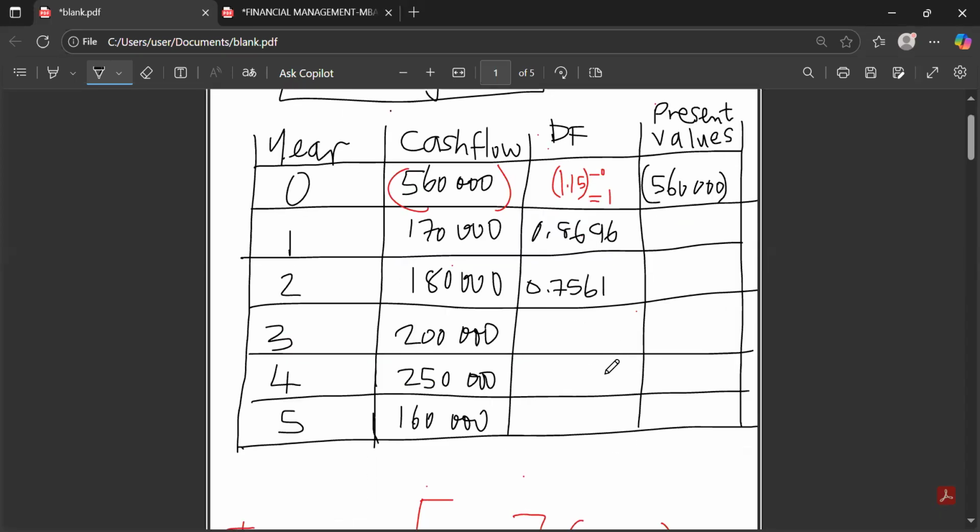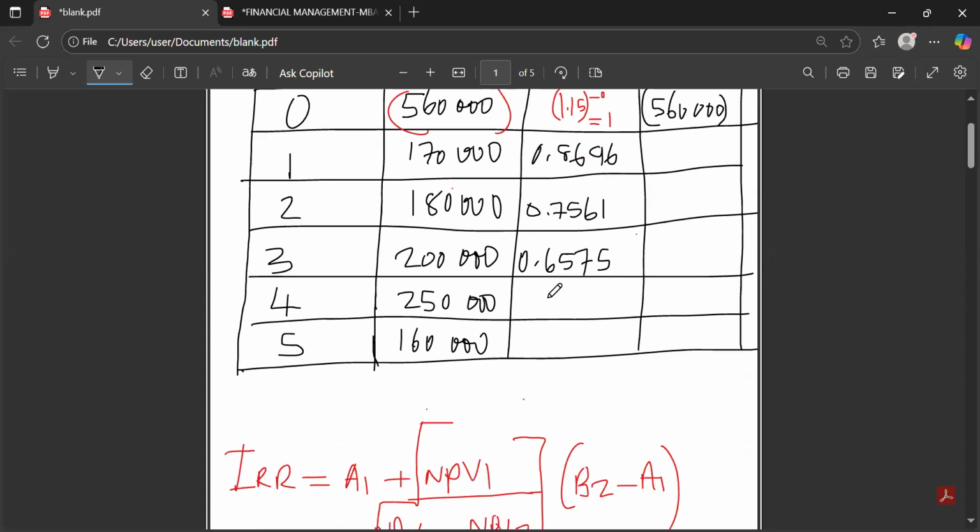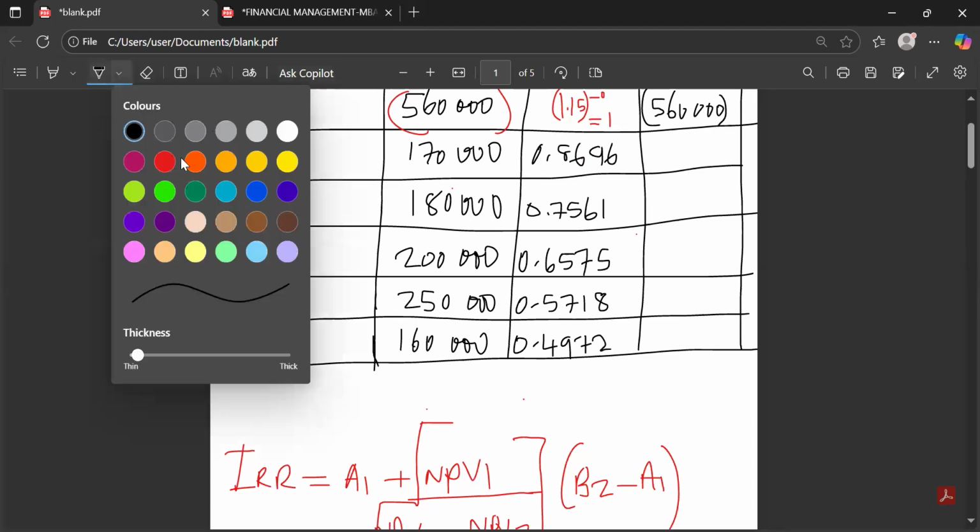The other one, 0.6575. The other one, 0.5718. Then the other one, 0.4972. So start multiplying to give me the last column now.